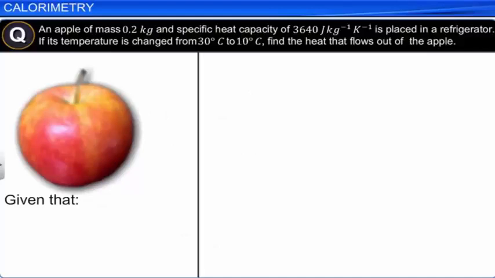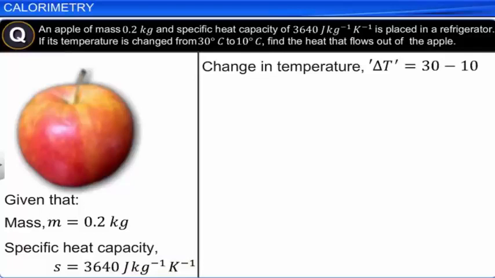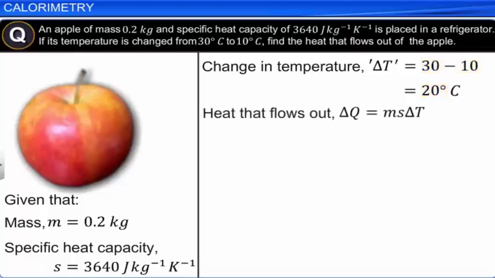Given that mass m equals 0.2 kilograms, specific heat capacity S is equal to 3640 joules per kilogram per Kelvin. Change in temperature delta T is equal to 30 minus 10, which is equal to 20 degrees Celsius. Heat that flows out, delta Q, is equal to the product of m, S and delta T. Substituting these values and calculating, we get delta Q equal to 14,560 joules.